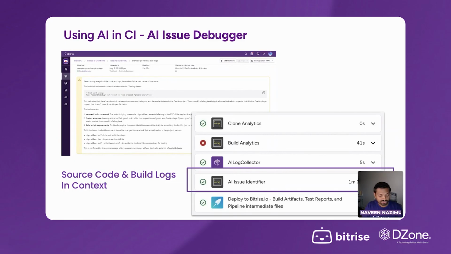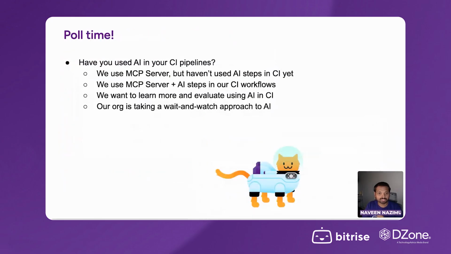And soon in the future, we will have the ability within Bitrise itself to fix the issue. We'll have a fix it button added, which can then try to generate code or rewrite the code to fix the issue, run the test cases again, and if it succeeds, create a PR. Right, that's coming down the pipe.